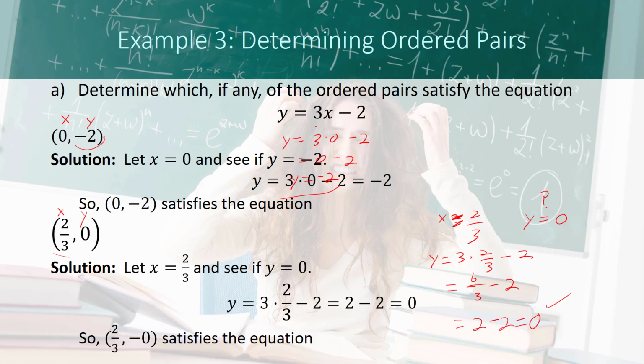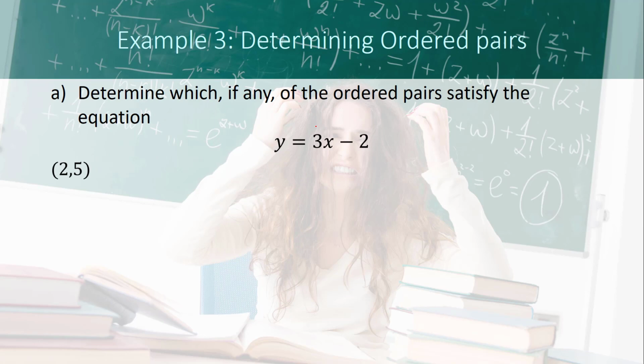Okay, and then last for this example, we want to determine if this ordered pair right here is a solution to this equation. So we're going to let x equal 2, and we're going to see if y is equal to 5. All right, let's find out. We're going to substitute 2 in here for x, and that means we're going to have y is equal to 3 times 2 minus 2.